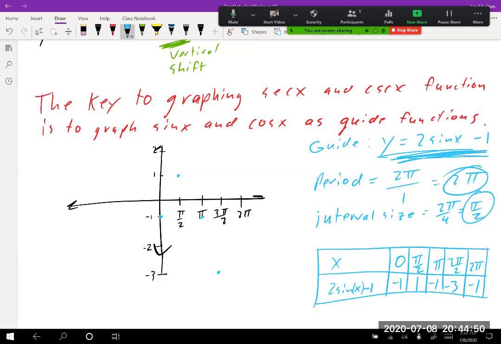And then we plug 2 pi in, and we're back to negative 1. Oh, I see why. It's just an optical illusion because I didn't draw my graph very accurately.